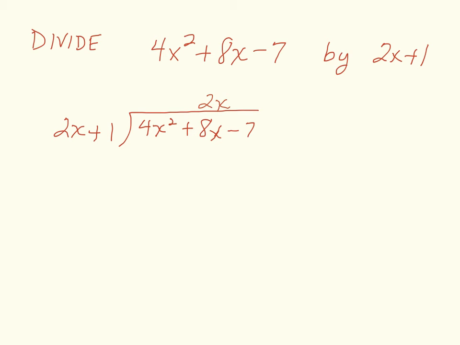Where that comes from is we're taking 4x squared divided by 2x, and that gives you 2x. And so that's what I'm putting at the top, 2x. Now I'm going to multiply 2x times the 2x plus 1, one term at a time. 2x times positive 1 is positive 2x. 2x times 2x is 4x squared.